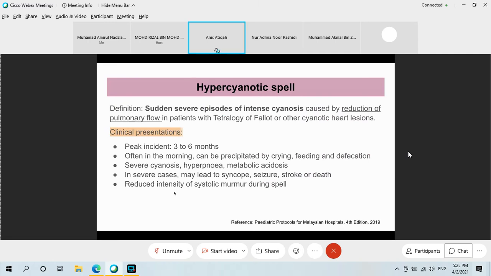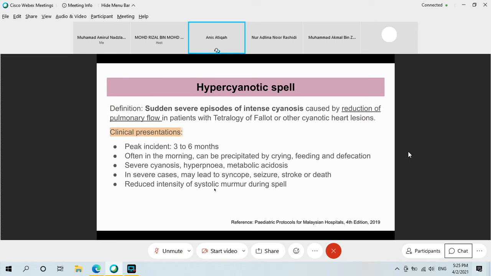It will reduce the intensity of the systolic murmur during a spell. On auscultation during a spell, sometimes it's a very short murmur that you can hear.